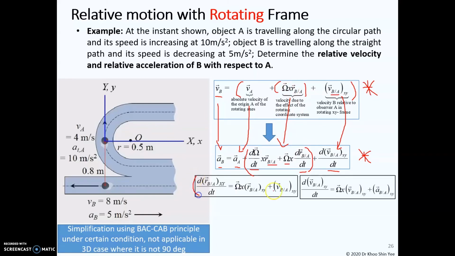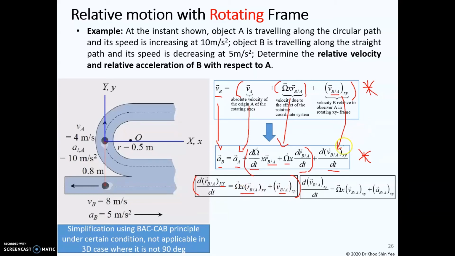Previously, we successfully obtained this equation. When you take the differentiation of the relative displacement of B with respect to A in the inertial frame, you will obtain the relative velocity measured in a rotating frame plus a rotating effect.